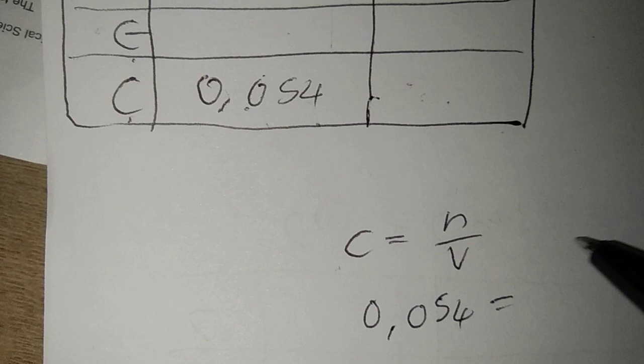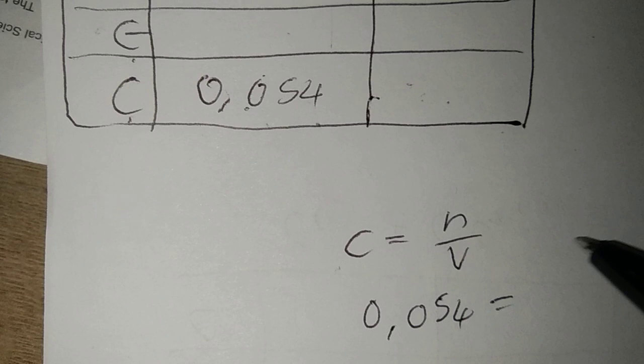So let me just repeat. The question was saying we must calculate the Kc of the reaction, which is this one. How do we get the Kc of this reaction? For us to get Kc, we must have concentration of product over concentration of reactants.